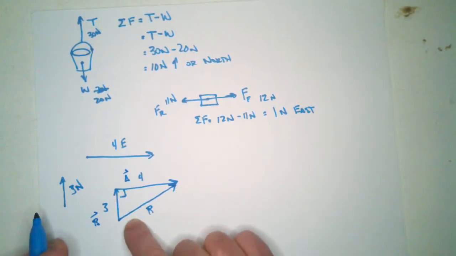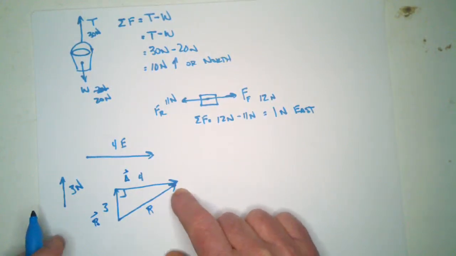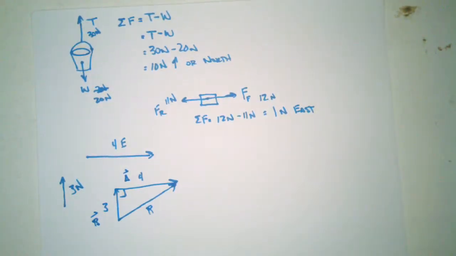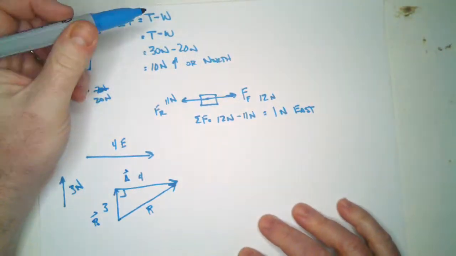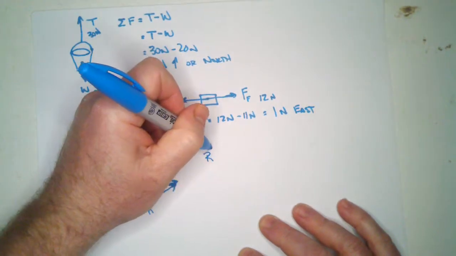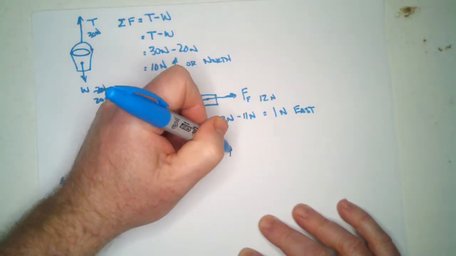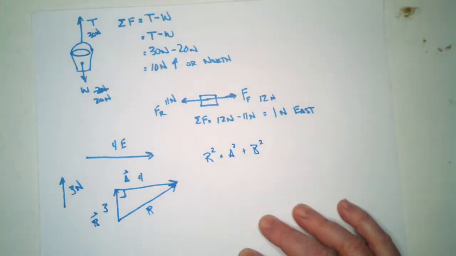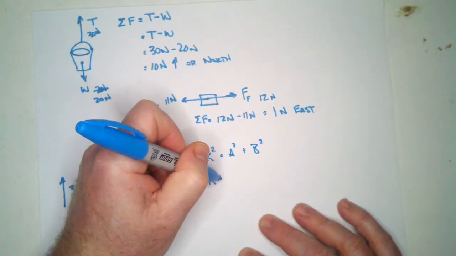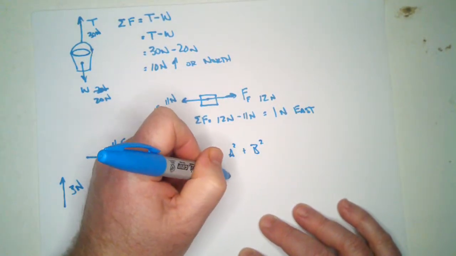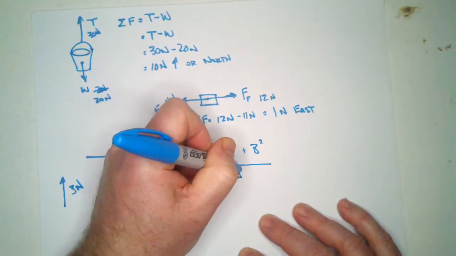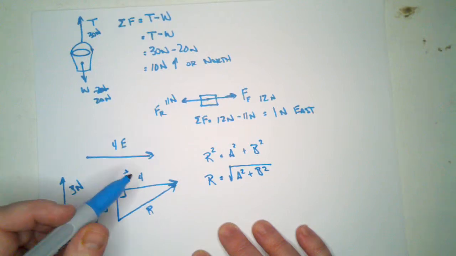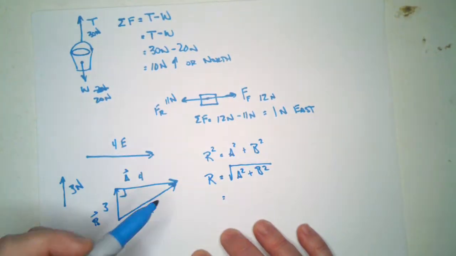Well, to figure out the length of this side of the triangle, we can do that if we know the length of this side and this side. You may be familiar with the Pythagorean theorem, and it would go something like this. R squared is going to equal A squared plus B squared. So therefore, R will equal the square root of A squared plus B squared. And what we can do is we substitute in the numbers for the letters.